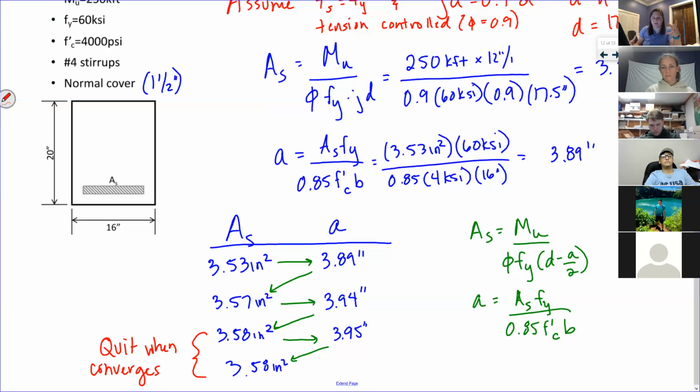This is about how much steel we need, right? So we need about three and a half square inches of steel. 3.58 square inches of steel probably does not exist. So that's the next step, right?